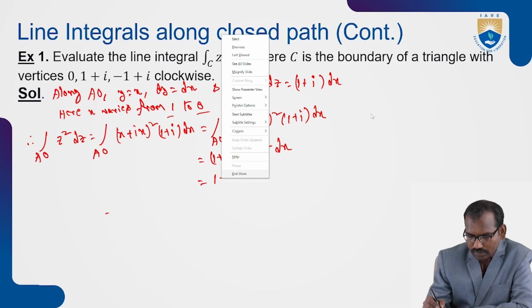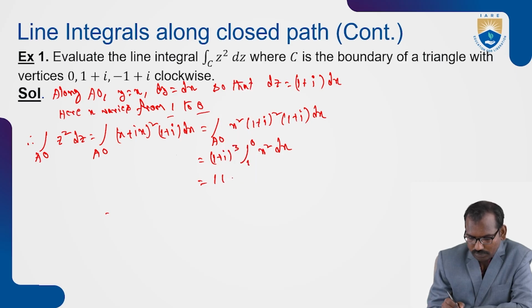If you expand this, the binomial expansion of (1 plus i) whole cube gives 1 plus 3i minus 3 minus i. Here you will get the second integral value, which is minus 1 by 3.